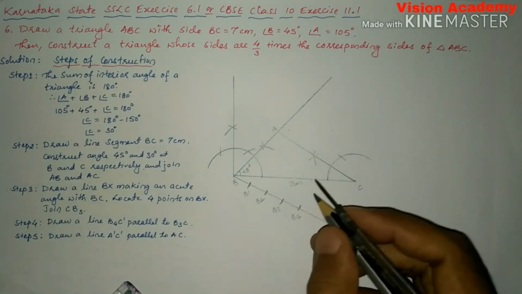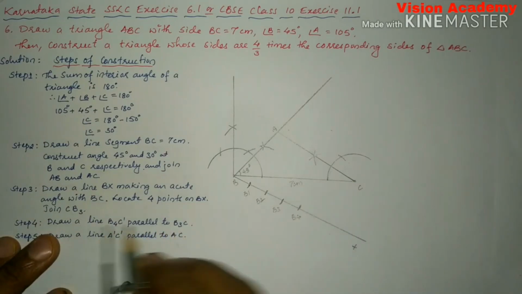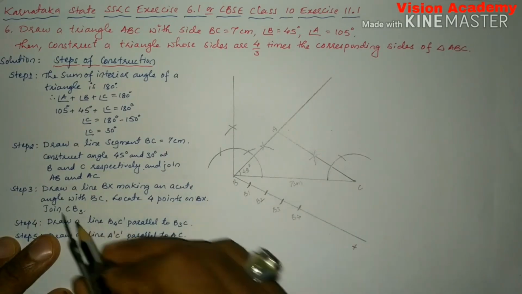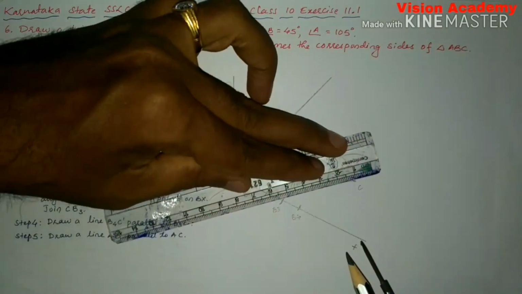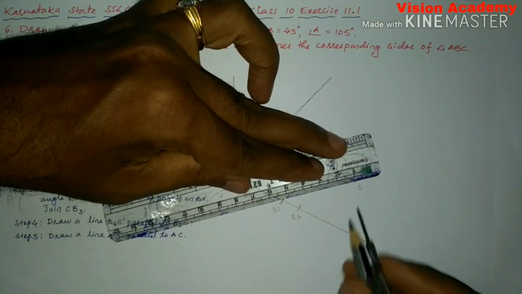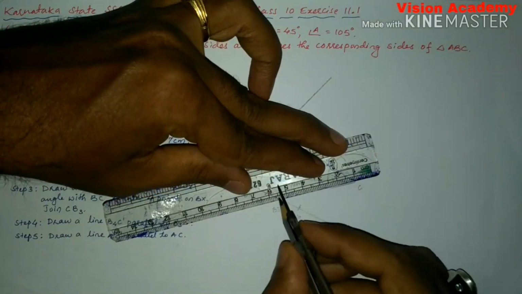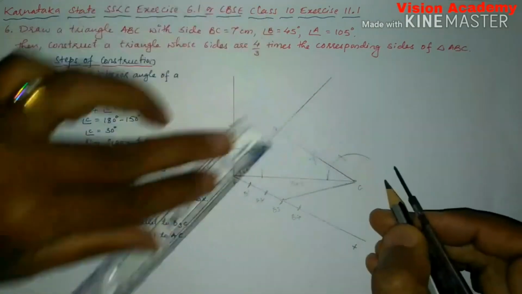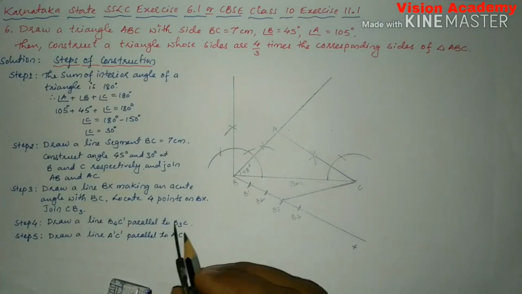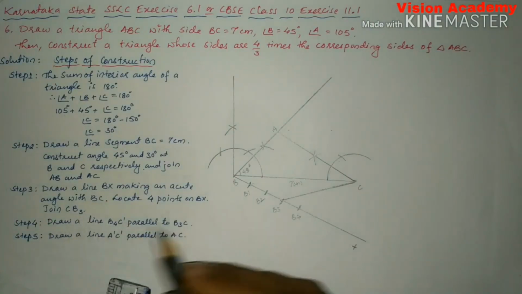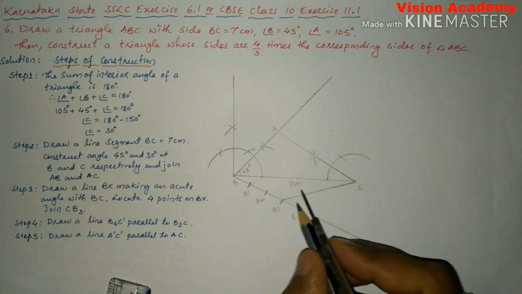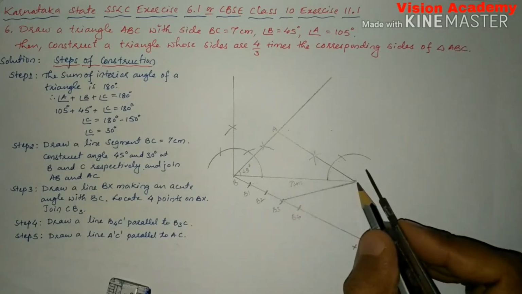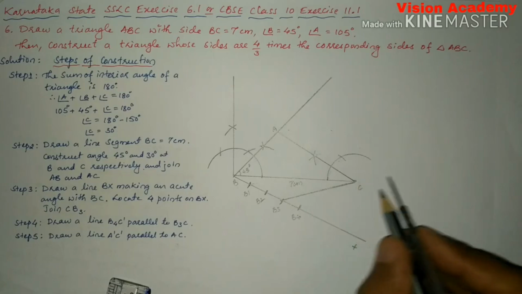Now let us join CB3. Next, draw a line B4C dash parallel to B3C. So parallel to this line we are going to draw B4C dash.